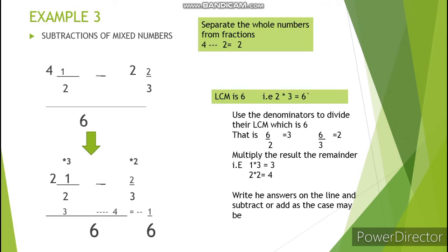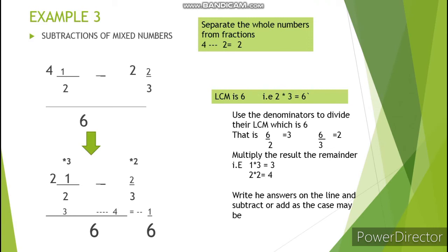You manipulate. Now 3 removing 4 is not possible, and obviously there's no other number to borrow from. So what you do is you say 4 minus 3 is of course 1, and because it was not possible initially, just put minus 1. So now we have minus 1 over 6.